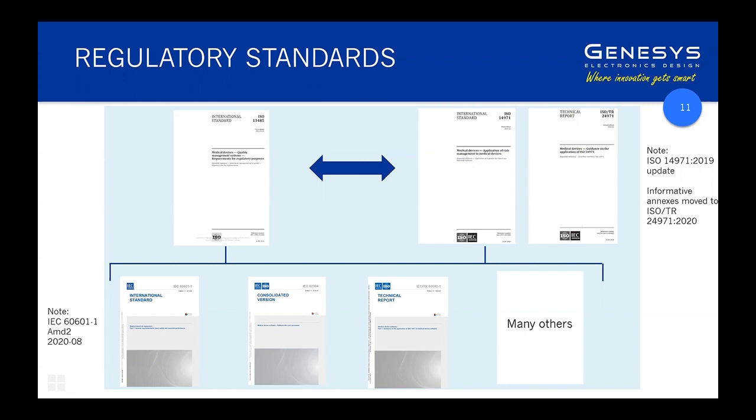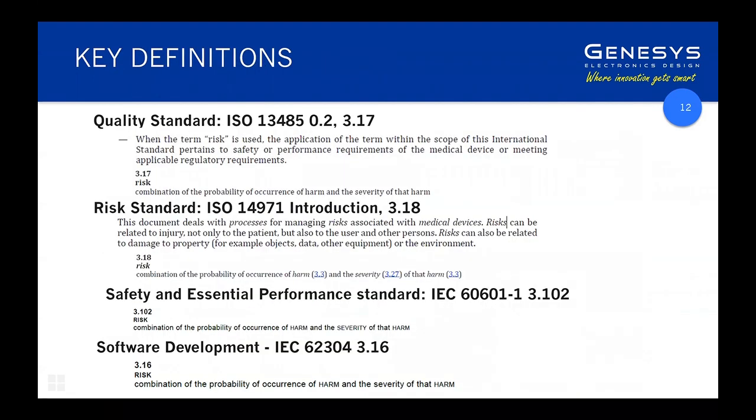Okay, we need to move along a bit here. Without labouring the point, looking at the definition of risk, it's consistent across all of these documents. It's a combination of the probability of occurrence of harm and the severity of that harm. I've got a couple of slides following on.